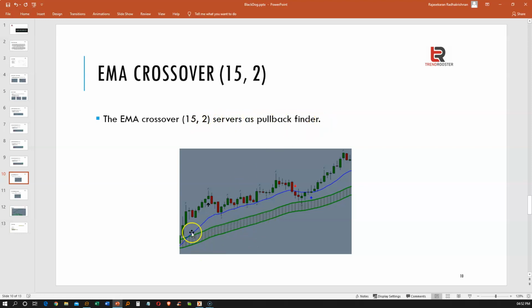What I mean is that the money line, which is a 50 period EMA channel, is pointing up, and the 15 EMA is well above the EMA channel, which means only a bullish bias. Now if you look at the red and blue arrow, which is the 15 and 2 EMA crossover, it actually evaluates the pullback factor.